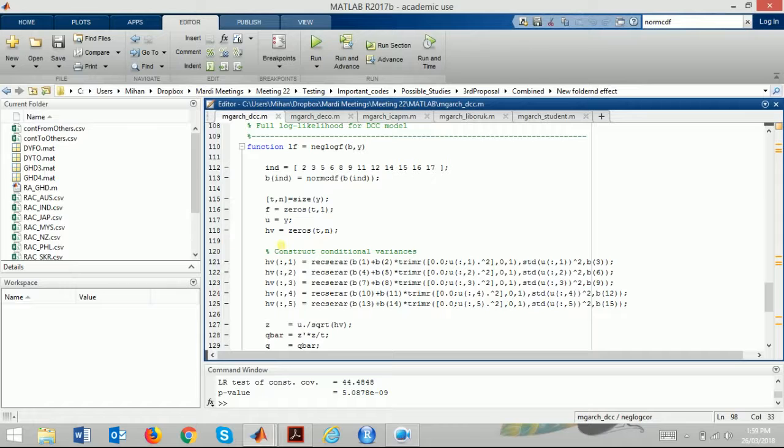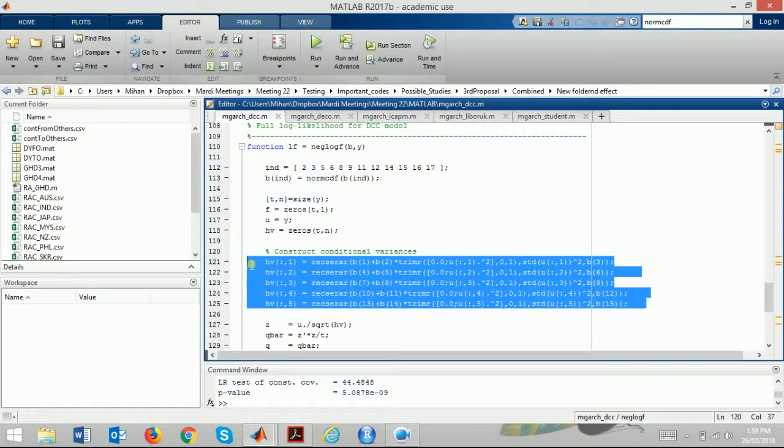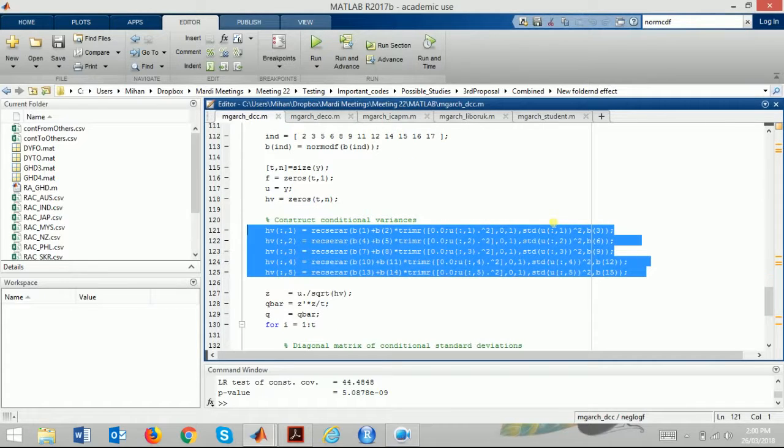Fine. Okay. Full likelihood for DCC. Constant conditional covariances. Okay. Error, beta 1, beta 2. Fine. Why not x? Why not x and a?